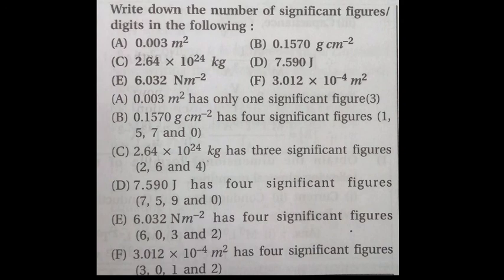Fifth, 6.032 Newton per meter square has 4 significant figures, that is 6, 0, 3 and 2. And last, sixth, 3.012 into 10 raised to minus 4 meter square has again 4 significant figures, that is 3, 0, 1 and 2. So this is our solution.